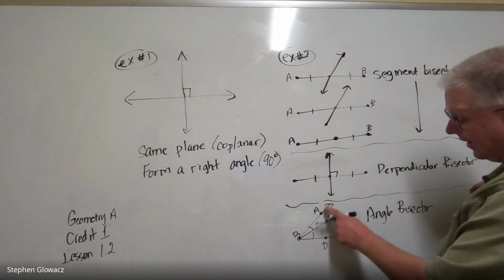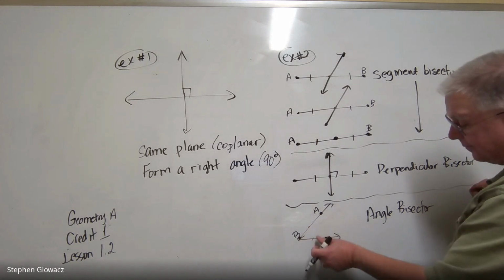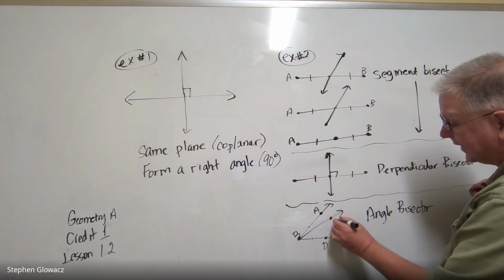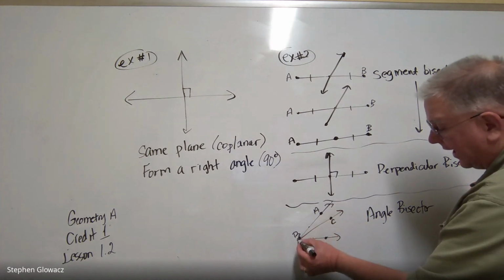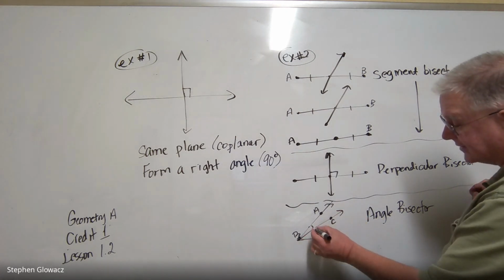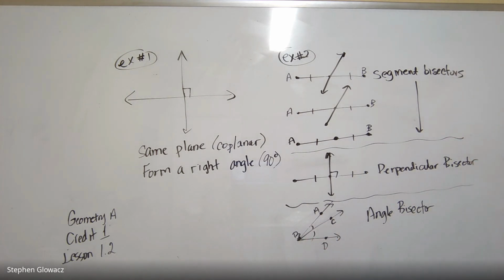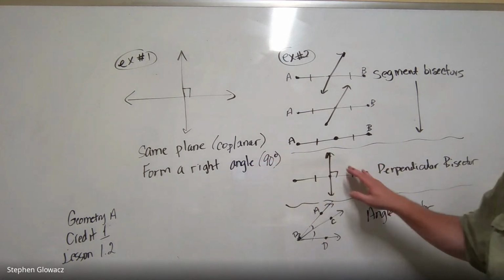So here we have angle ABD, and actually let's draw this ray to show it to you. So we draw a ray, and we're going to call that ray BC. And ray BC takes the big angle ABD and cuts it into two equal pieces. So that is an angle bisector. So that information should be what you need in order to answer problems 1 and 2.